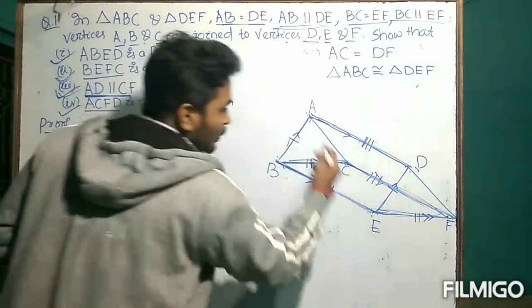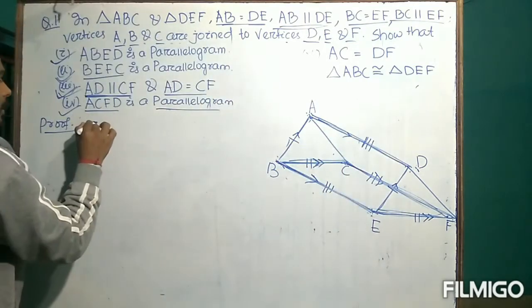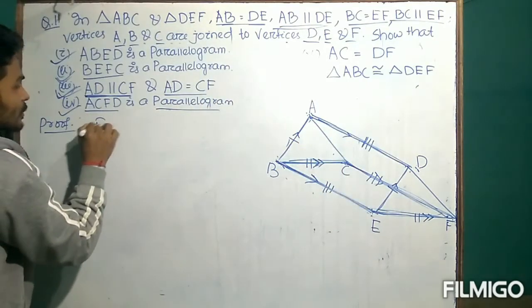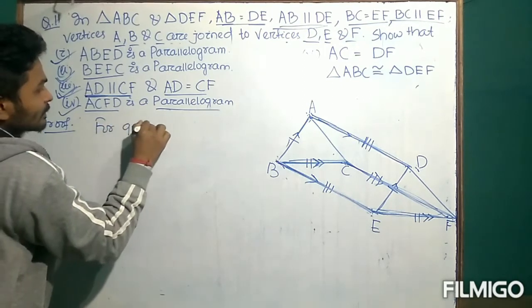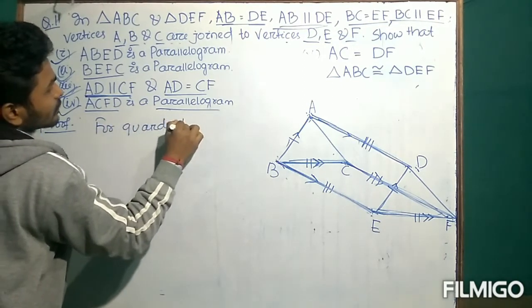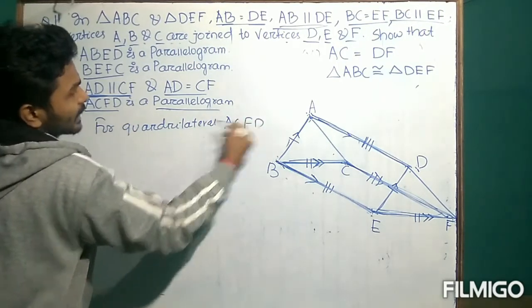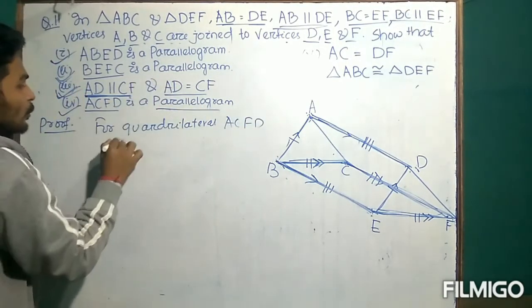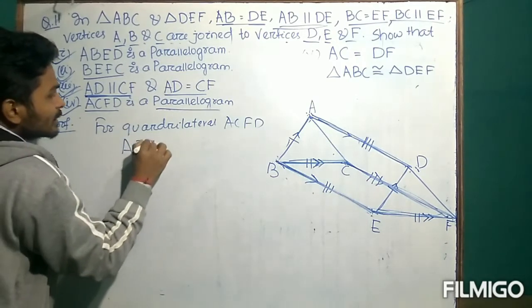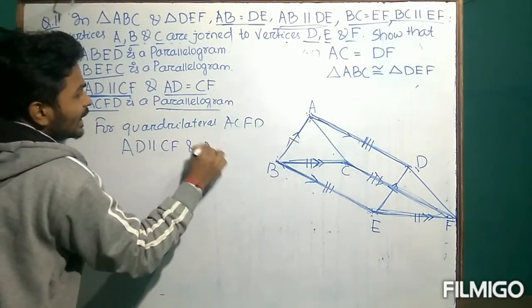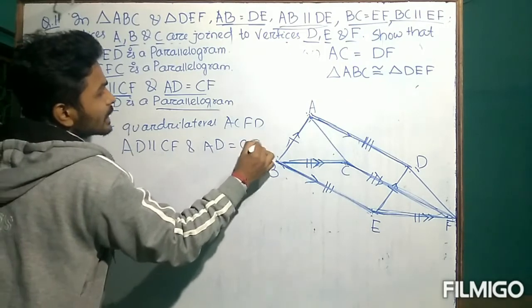Okay, so for this we first consider the quadrilateral ACFD. We have already proved that AD is parallel to CF and AD is equal to CF.